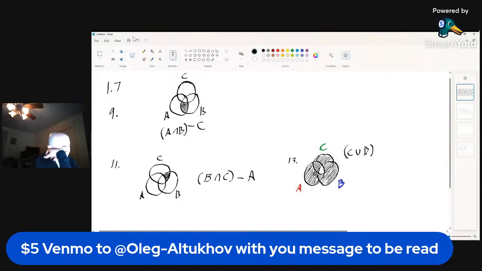I'm just trying to think what's the best way to go about this. If we were to subtract all of A, minus A union C, or we can do this, minus C. That should give us the same answer, I think. C union B minus A union C.